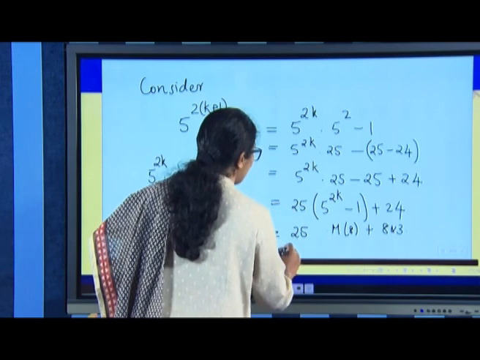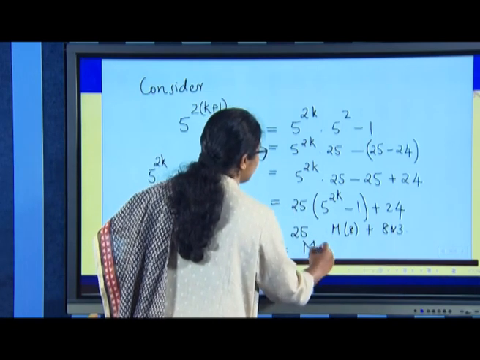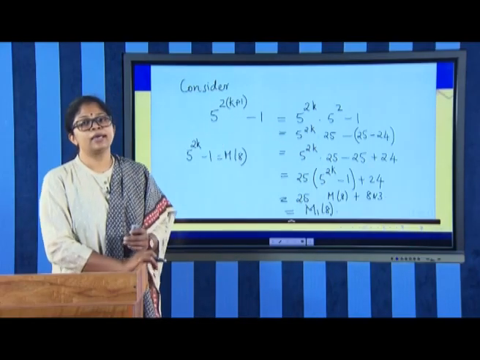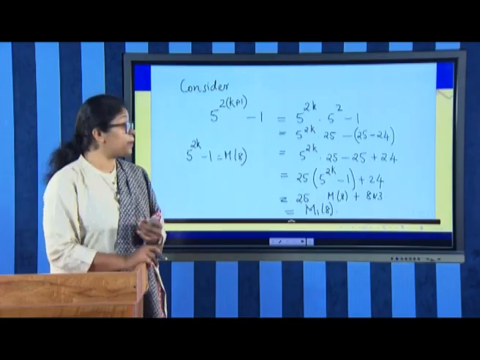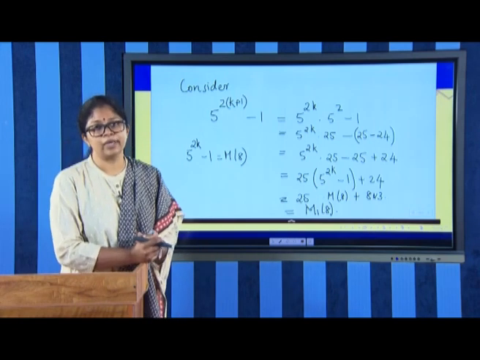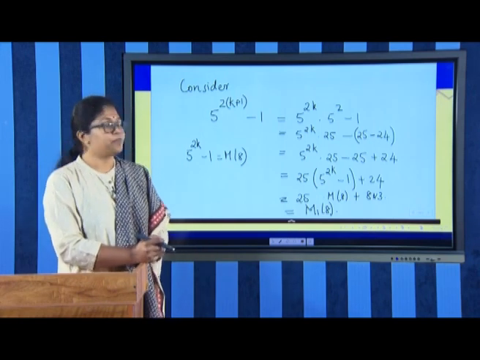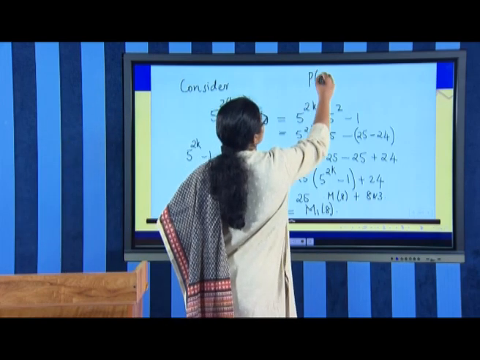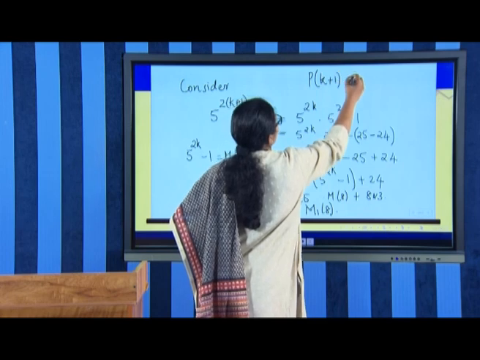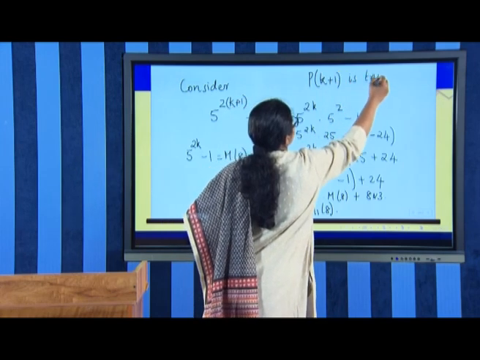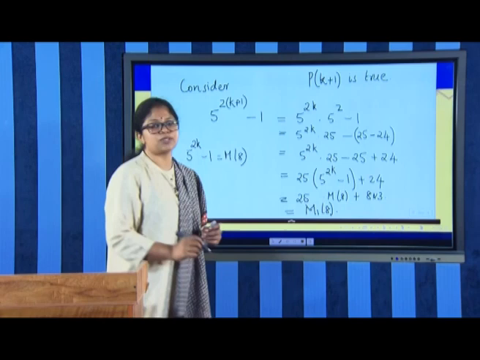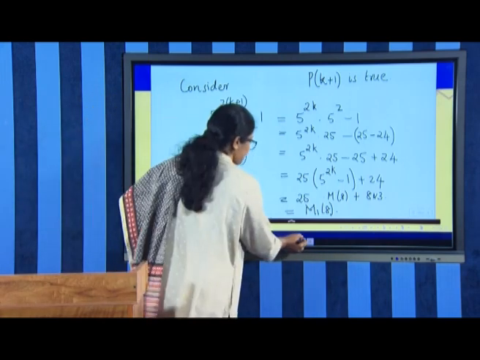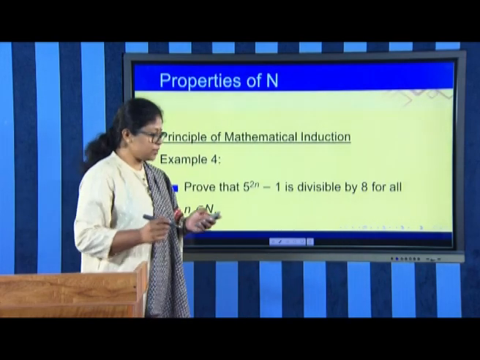So, as a whole this becomes another multiple of 8. So, we have proved that the case for k plus 1 is also true in the case of induction. Therefore, P of k plus 1 is true. We have showed. Hence, the result is true for every natural number n. So, that was this example.